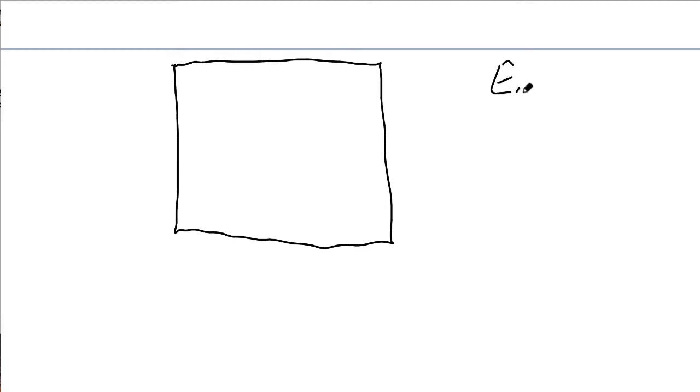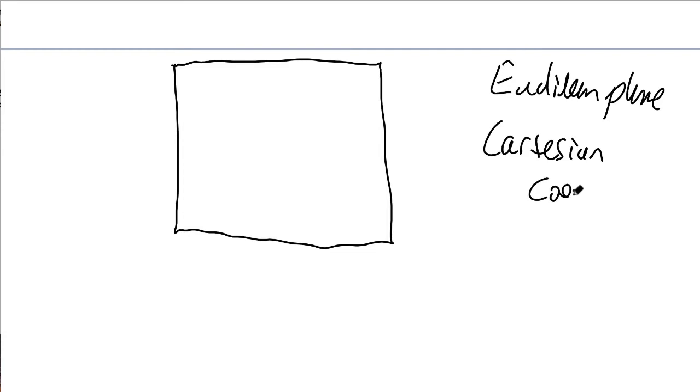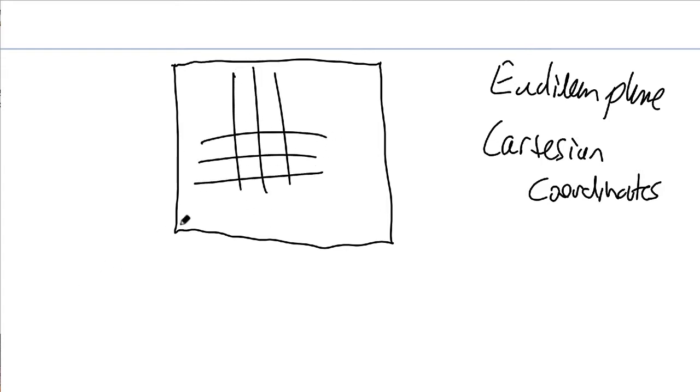So, for example, let's start with the most simple possible case, the case of the flat Euclidean plane. Let's introduce Cartesian coordinates, x, y. So here's some generic point, x comma y.